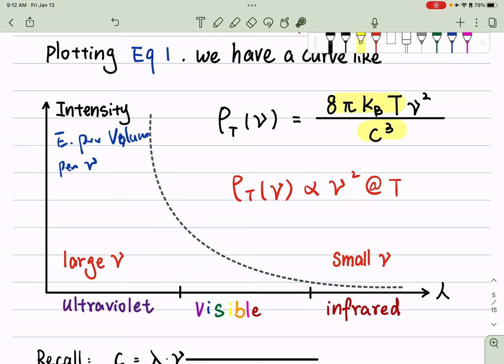Alternatively, when you have small wavelength, you expect to have a large frequency and a very large intensity, because it is proportional to the square of frequency.